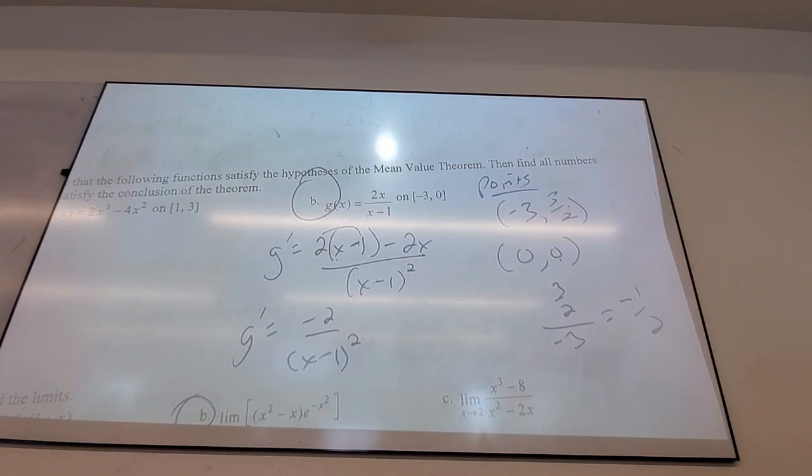Yes, so we have slope from algebra, we have slope from calculus. They both represent the same thing, so I'm gonna set them equal to each other. I wanna see where the slope between the endpoints is the same as the slope on the function itself. If I have a continuous differentiable function, it has to turn back and have the same slope at some point.